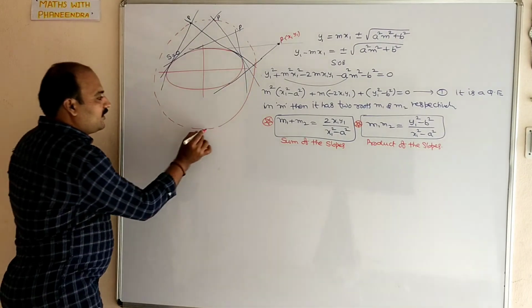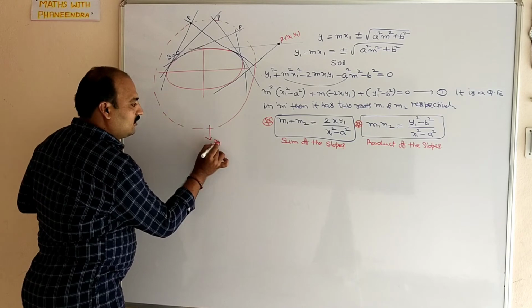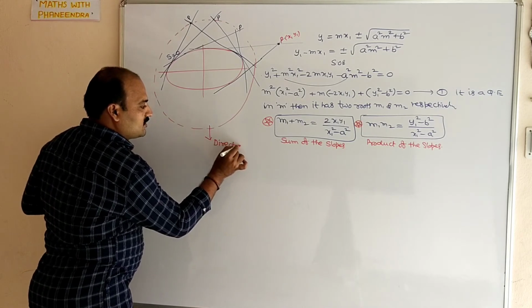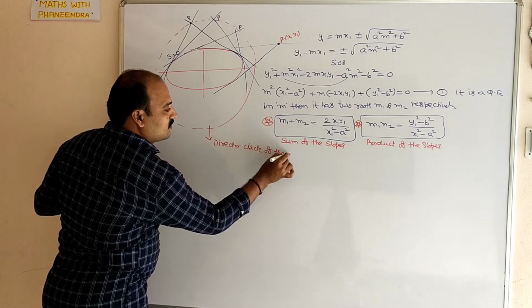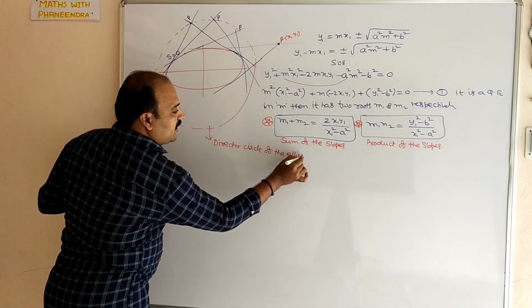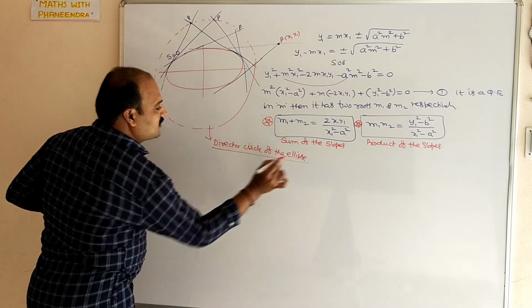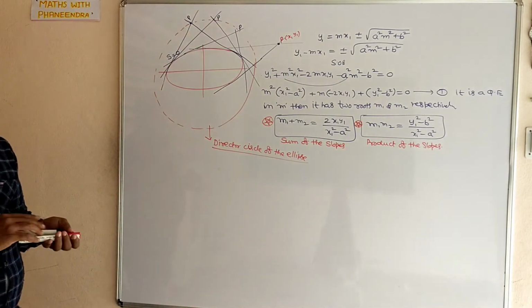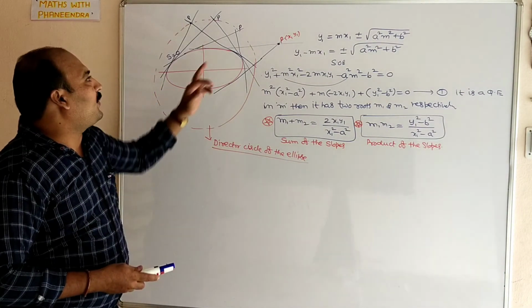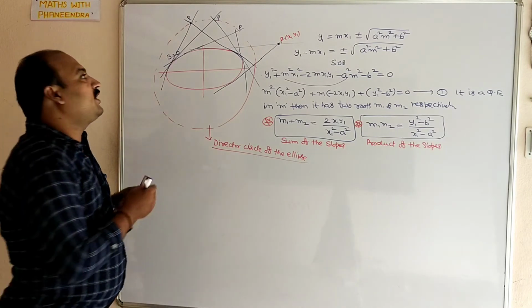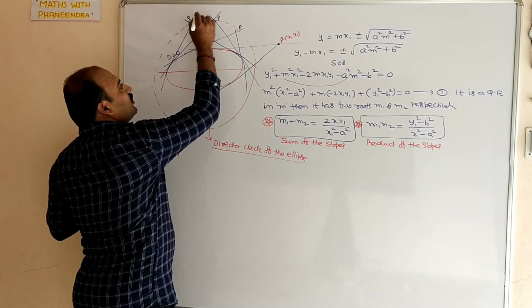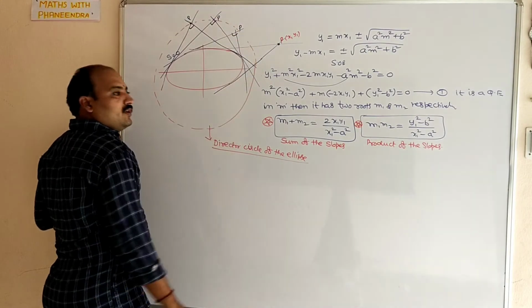This is called the director circle of the ellipse. What is the equation of the director circle? The point of intersection of perpendicular tangents to the ellipse is called the director circle. These two tangents are perpendicular, like this.